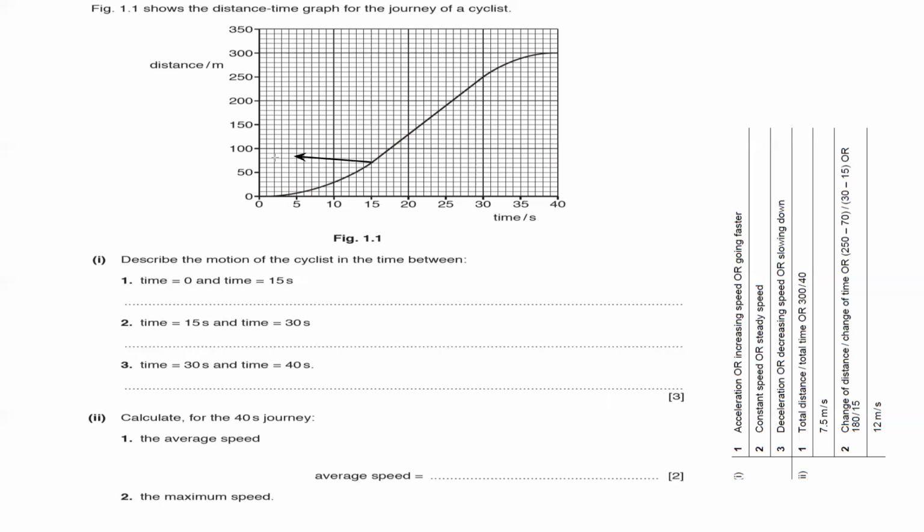So the distance traveled at time 15 and the distance traveled at time 30. This is 250, this one is 70, and the time interval from 15 to 30 is equal to 15 seconds.